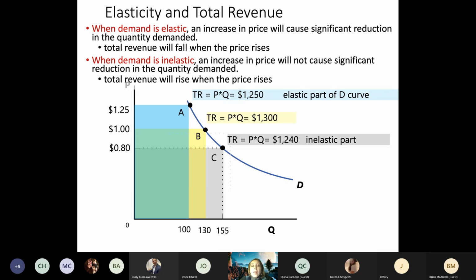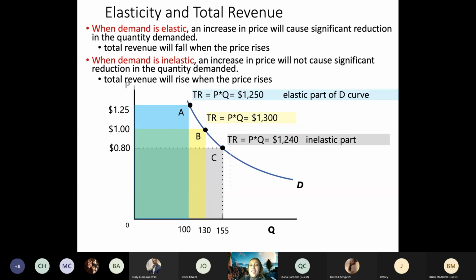So when the price was 80 cents each, 155 was sold, and that times that, 80 times 155, adds up to, I messed up here, I added an extra zero, so it's 124.